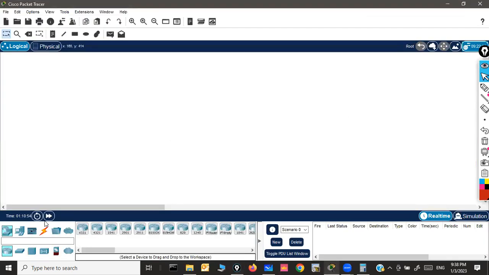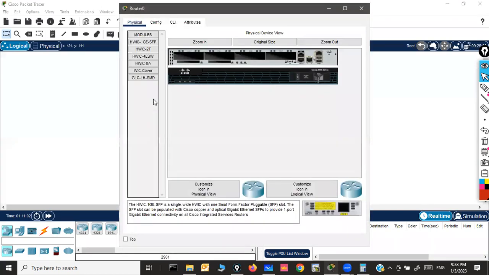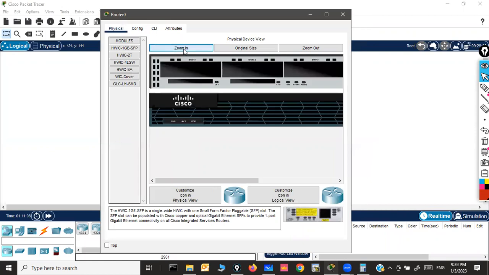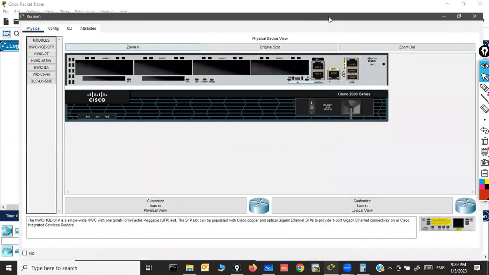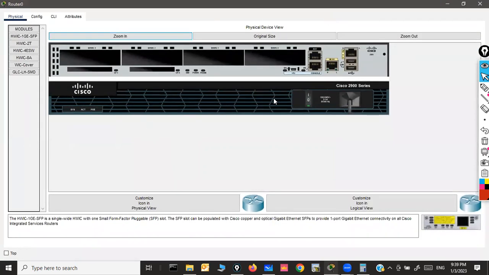Directly, I cannot jump to the router configuration. If I take a router here, this is a router and it's a standard symbol. If you double click this device, you get to know the look. If I zoom in, the router looks like this. This is the device.